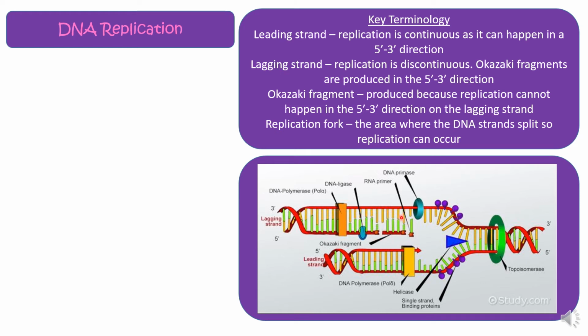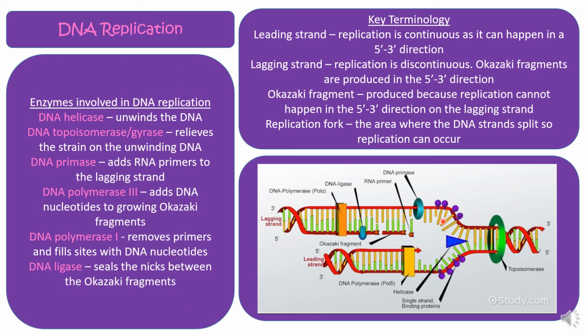These Okazaki fragments are produced in a 5' to 3' direction, and then they're all joined together to make your big long strand of DNA. You might also see the term replication fork. That's just where the DNA is split. So this here is your replication fork, because replication is occurring where the DNA is kind of forked.